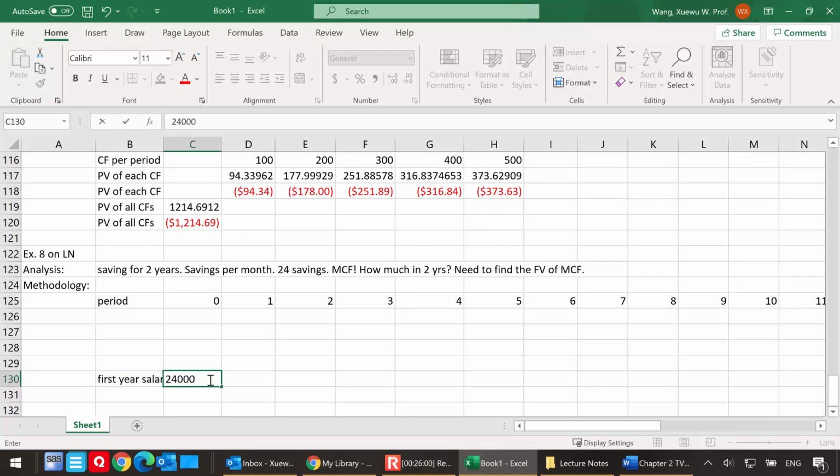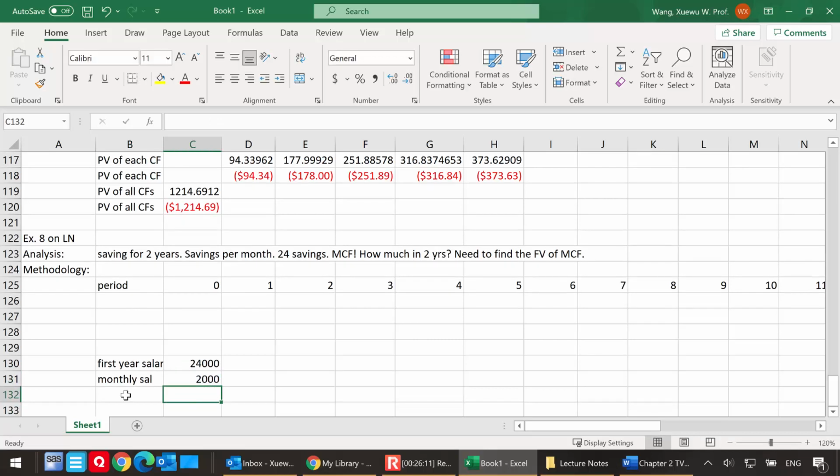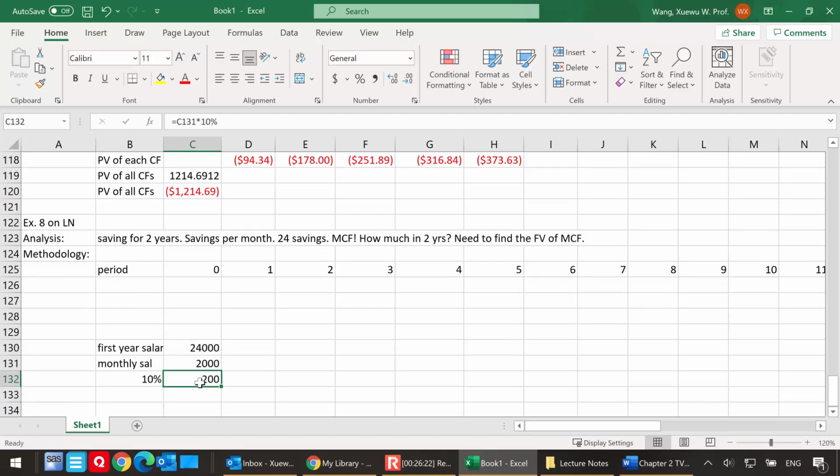Okay, so monthly salary in the first year. Well, that's 24,000 over 12, so that's 2,000. And 10% of that, so that's 200. Yes? So if you want, you can do this calculation on the side. So this is telling me that in the first 12 months, this person is going to save $200 per month.